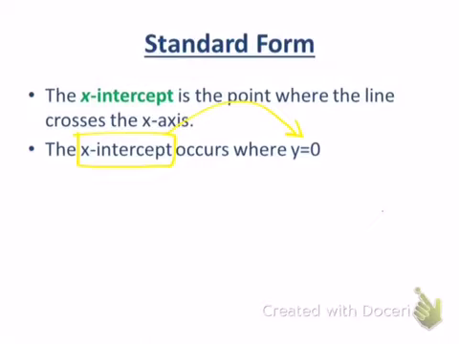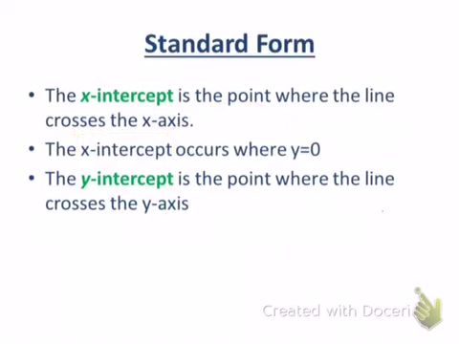Right? And conversely, the y-intercept, by definition, is the point where the line crosses the y-axis. That's the graphical definition of the y-intercept. The algebraic definition of the y-intercept is the point where, what happens? What does every point on the y-axis have in common?